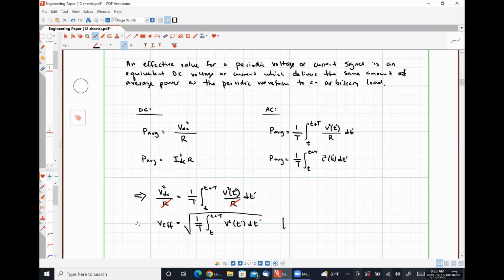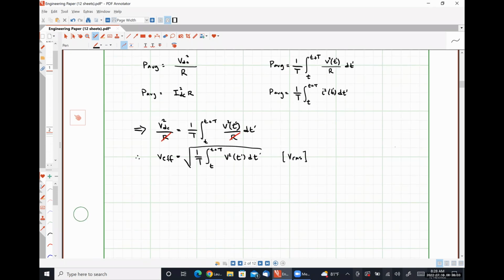Effective values have units of, in this case, volts RMS, where RMS stands for root mean squared. And why we have units of RMS is because we are taking the square root of the arithmetic mean or average value of the square of the voltage waveform.